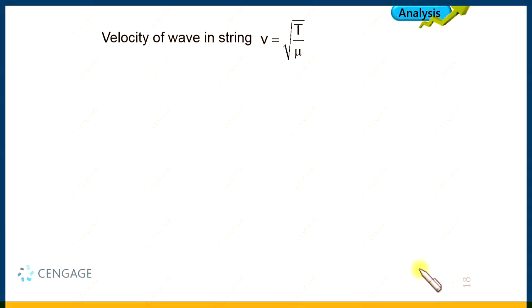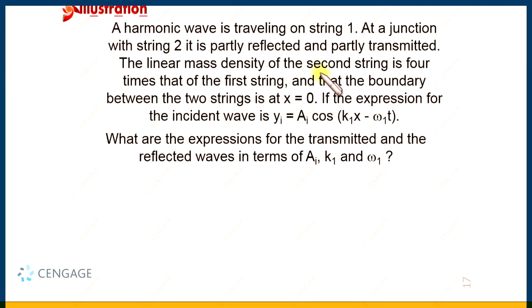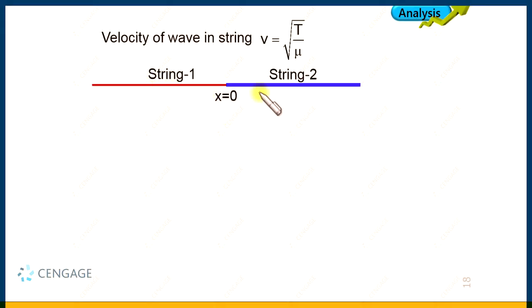So we can write the velocity of the wave in the string as v equal to under root T divided by mu, and this is the scenario, right? Because we are also given the linear mass density. The linear mass density of the second string is 4 times the first string. So the first string is the thinner one and the second string is thicker, right?